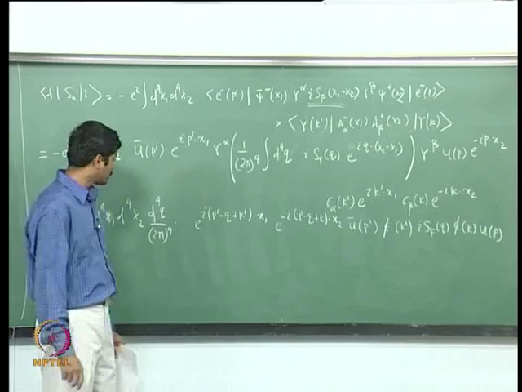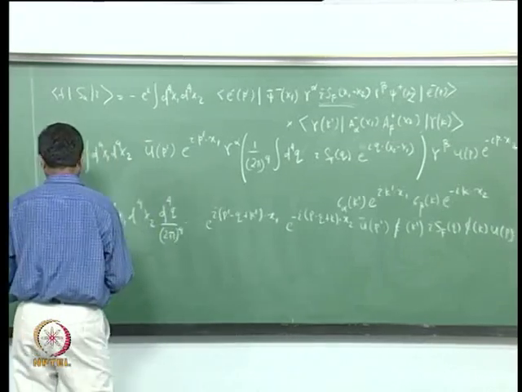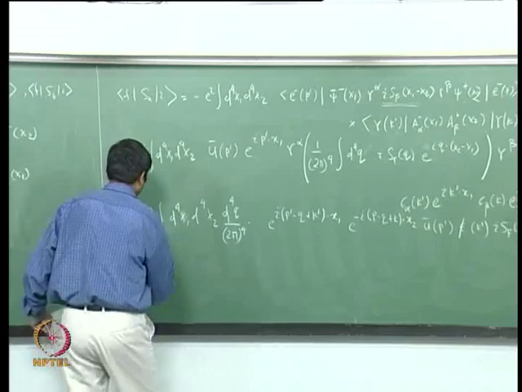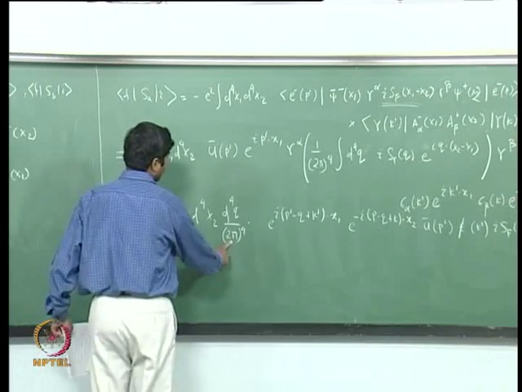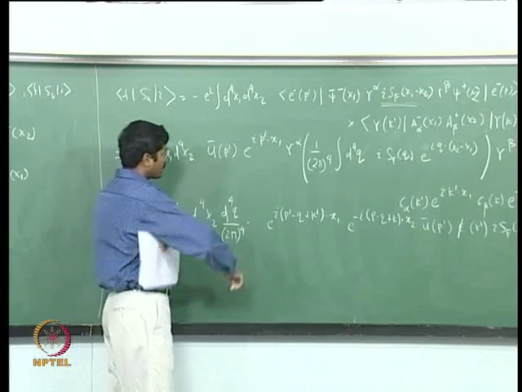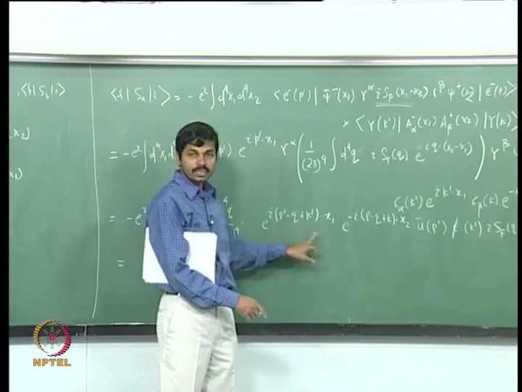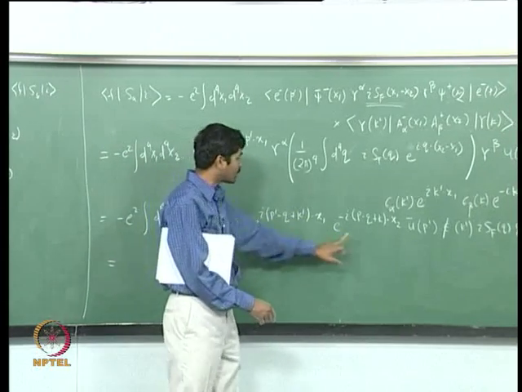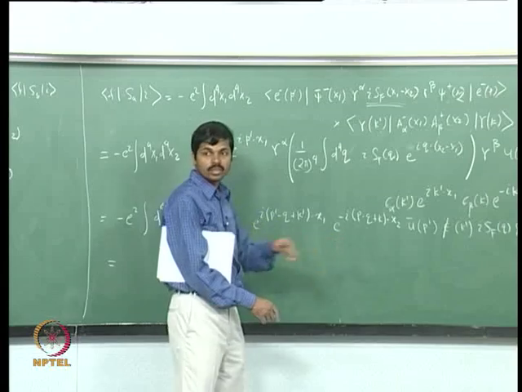Okay. So this is what I get, and then there is this factor of 2 pi to the power 4 here, but when you carry out two x integrations, you will get two factors of 2 pi to the power 4 in the numerator.